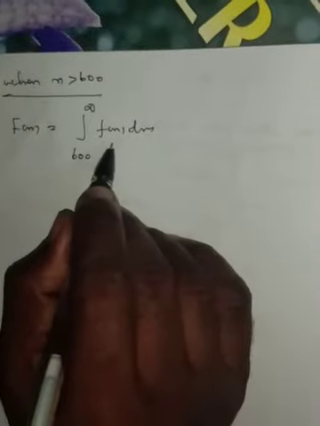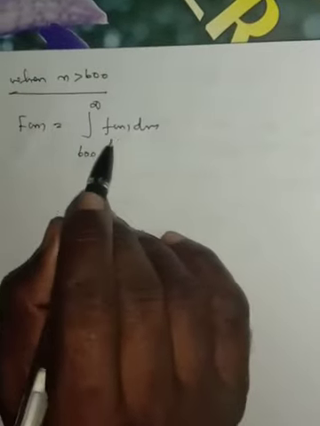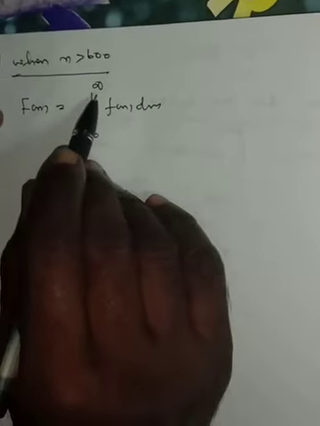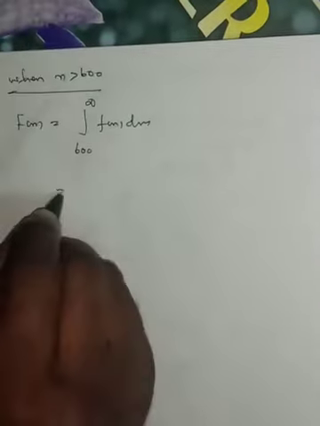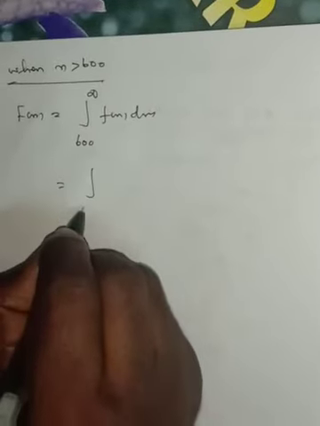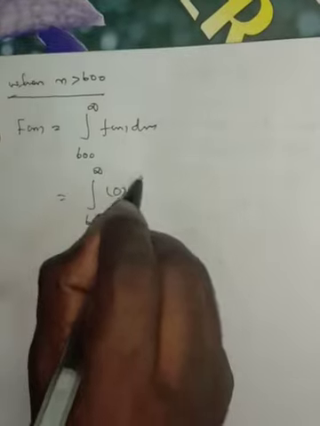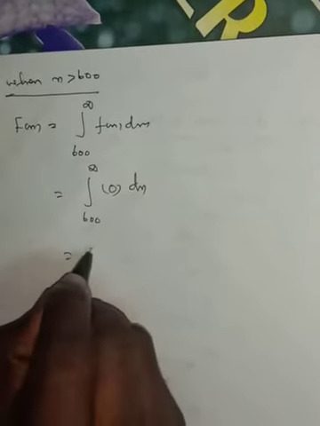So the limit is 200 less than or equal to x less than or equal to 600; maximum is in this case infinity. Therefore, the integral from 600 to infinity of 0 into dx is equal to 0.